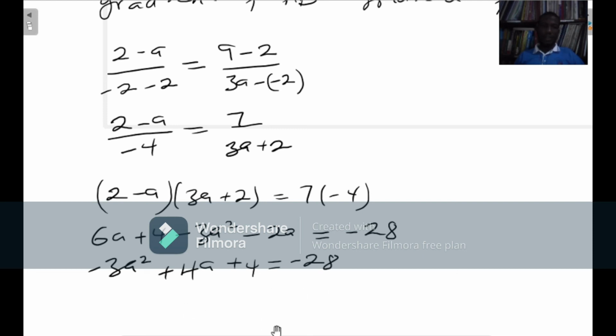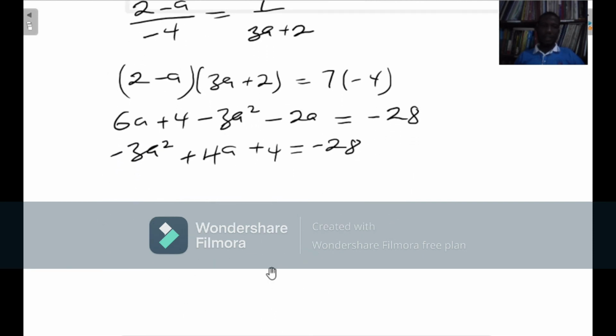And this is a quadratic equation, so we arrange them in a way that we will have a squared term followed by a term and then followed by constant term. So that means you are going to have -3a squared plus 4a plus 32 equals 0.